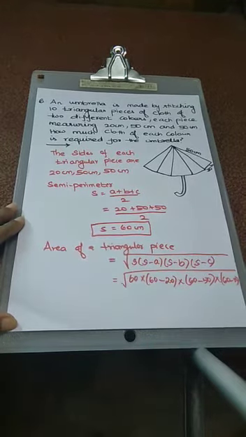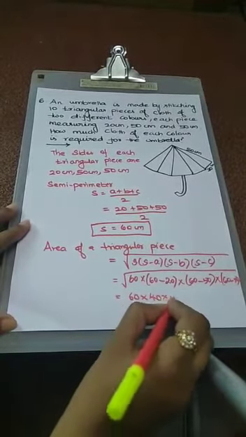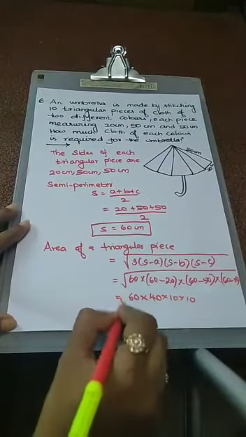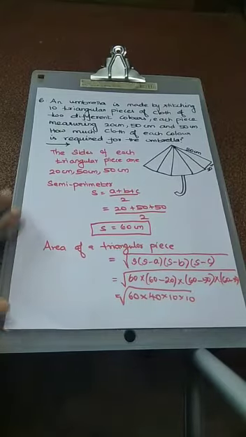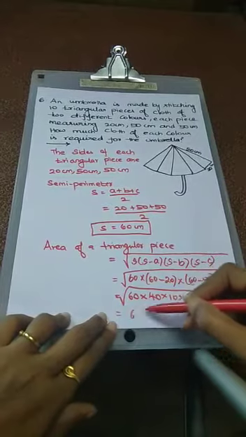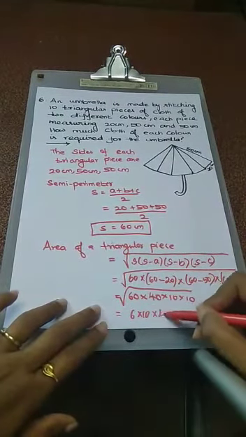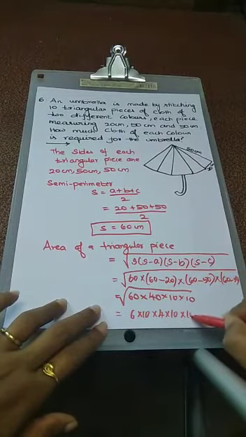Subtract the values. 60 into 40 into 10 into 10. Now split the value actually. This is 60, so 6 into 10. Another one is 40, so 4 into 10. Another one value is 10 into 10.